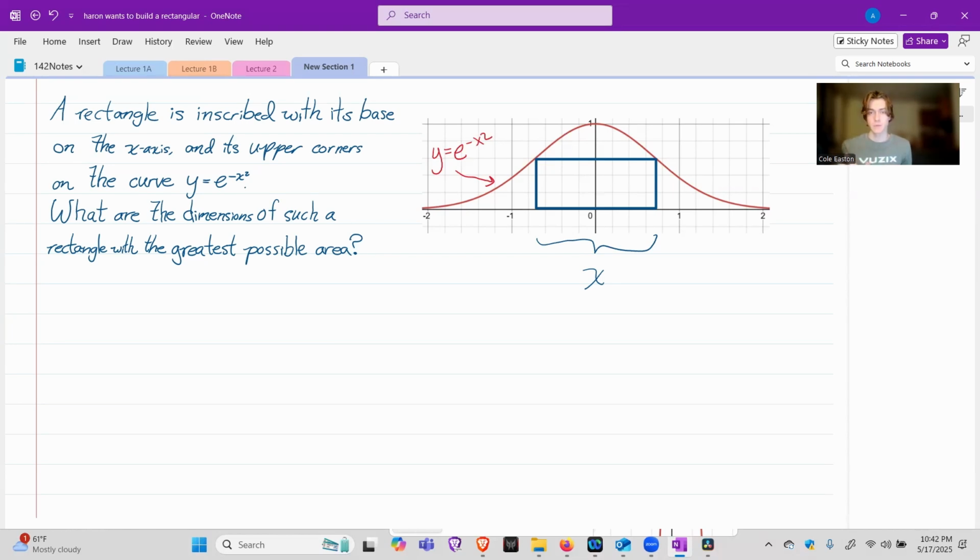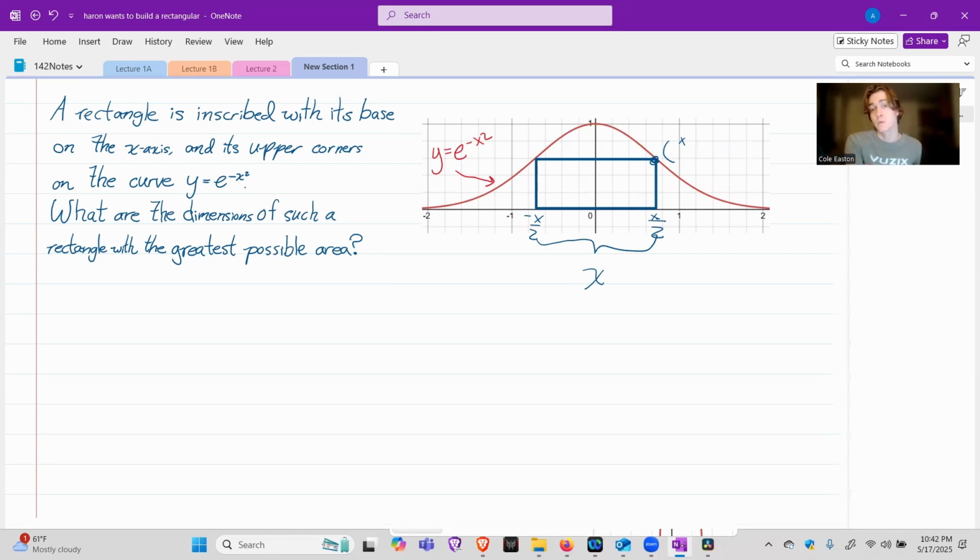Of course, that's not what's drawn here specifically, but that means that this point here is x over 2, and over here is negative x over 2, which means that up here, our x value is x over 2, and our y value is e to the negative (x over 2) squared. And that's kind of ugly. It's not something that I really want to start doing calculus with. So I'm going to do something a little bit different instead.